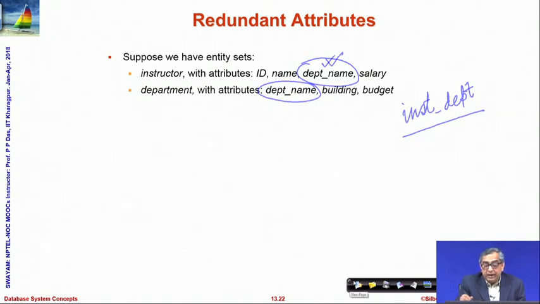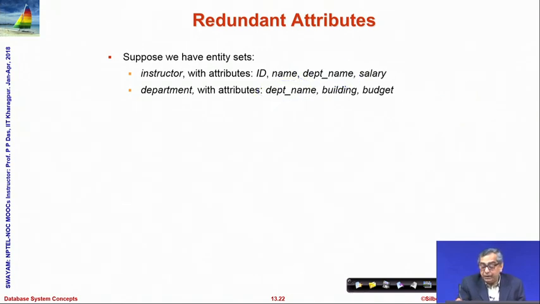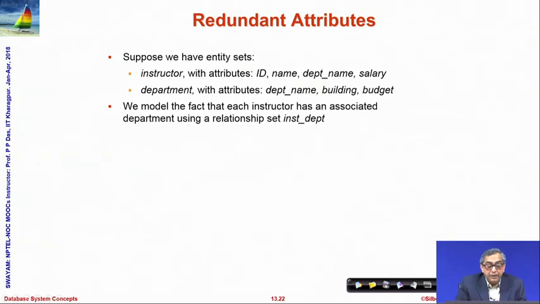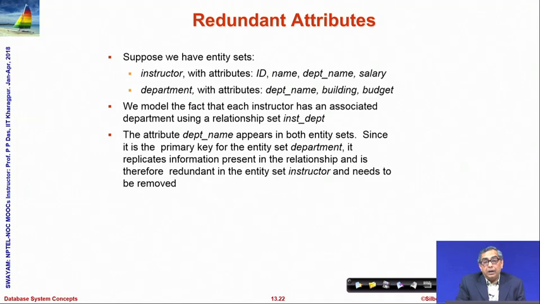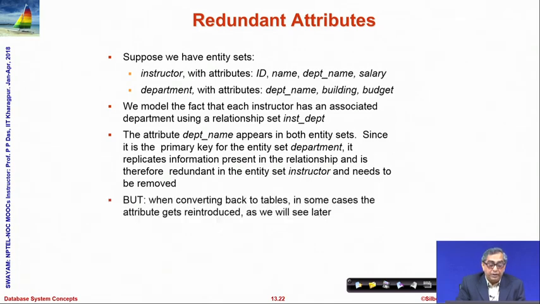So, in several cases there is a question of whether we maintain some information in terms of a relation, or we include that directly in the entity set and get rid of that relation. So, if I have the inst_dept relation, and the attribute department name appears on both these sets, on the instructor as well, there is duplication, replication of the data which we would want to avoid.